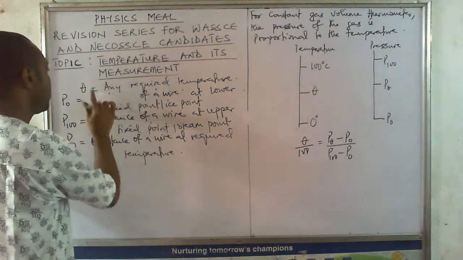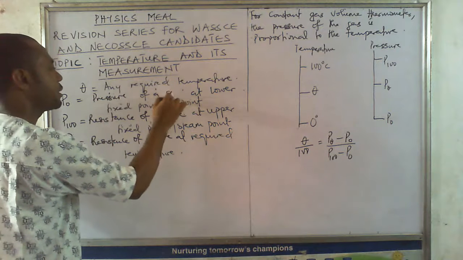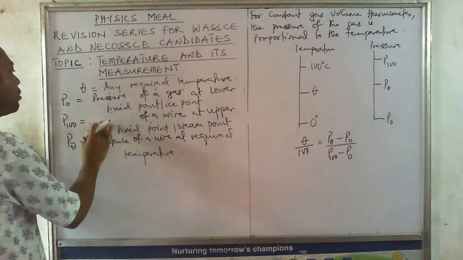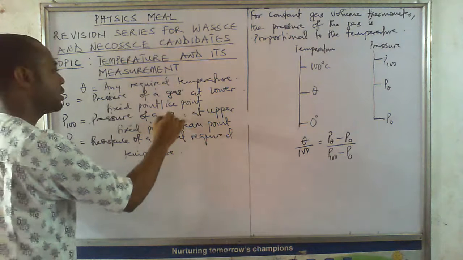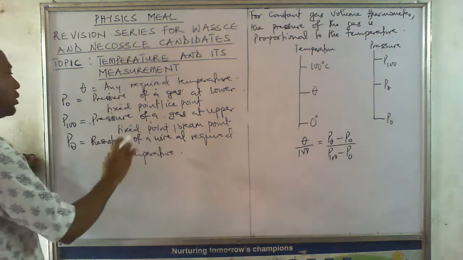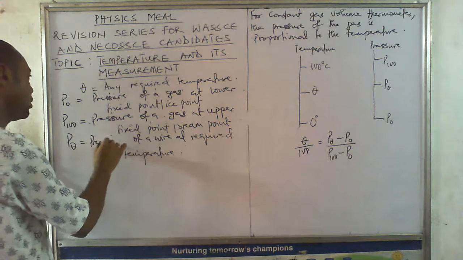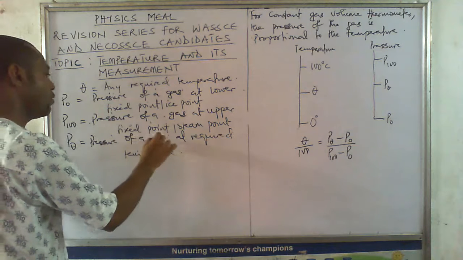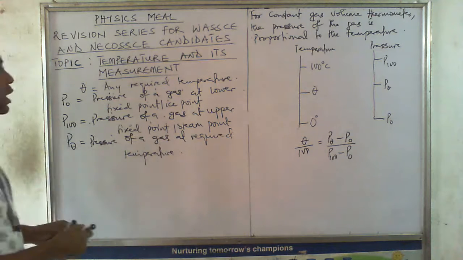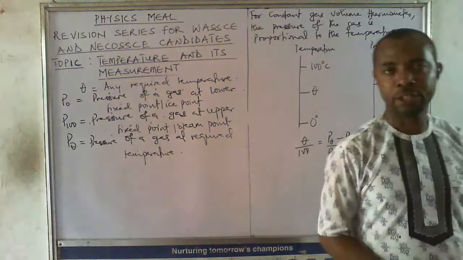So P naught becomes the pressure of a gas at the lower fixed point, P100 becomes the pressure of a gas at the upper fixed point, and P theta becomes the pressure of a gas at any required temperature. That's for these terms.